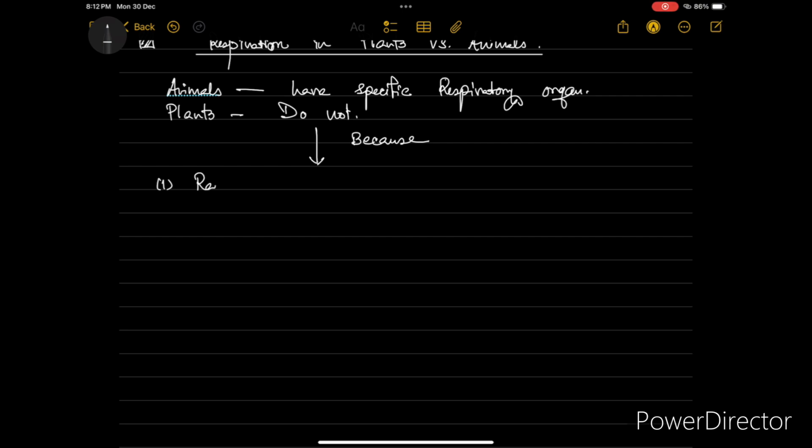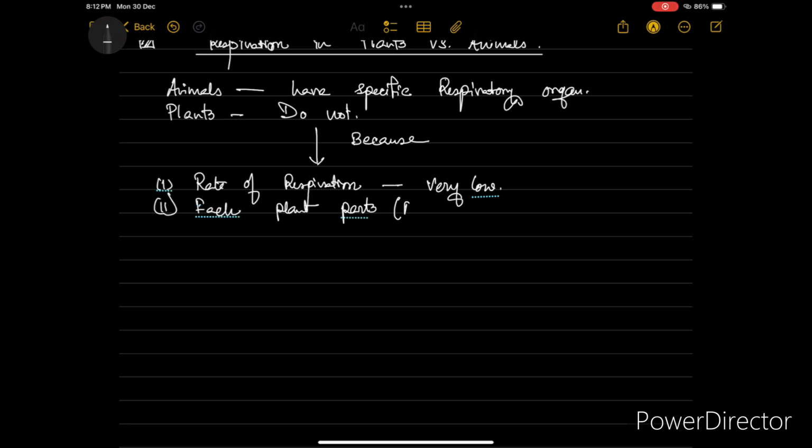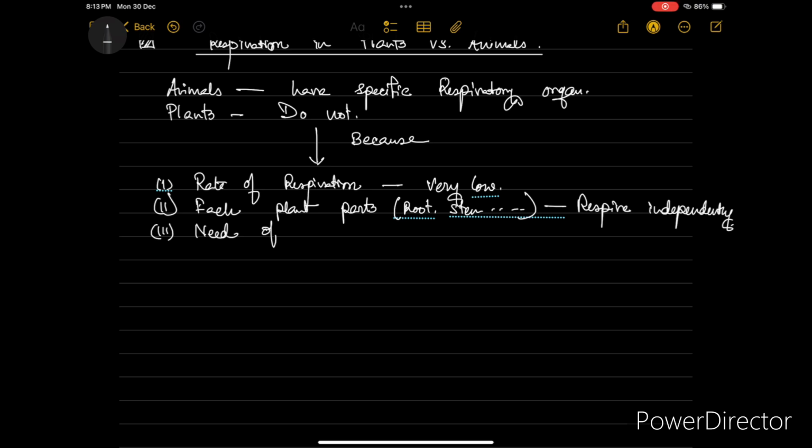There are many different reasons behind it. The first reason is that in case of plants, the rate of respiration is very, very low. And the second main point, due to the absence of a respiratory organ in plants, is that every plant part, that is the root, stem, leaves, etc., is able to respire independently, which is actually absent in case of animals.